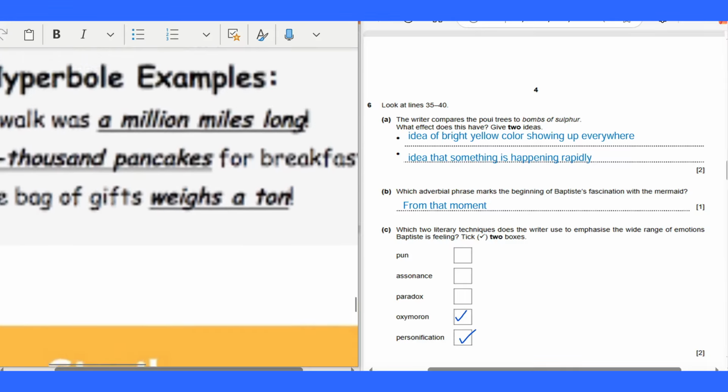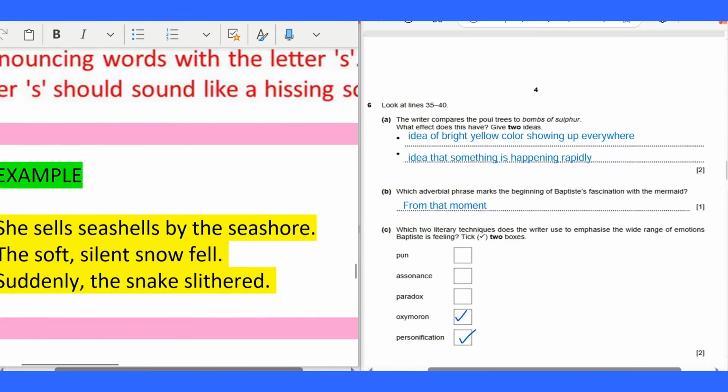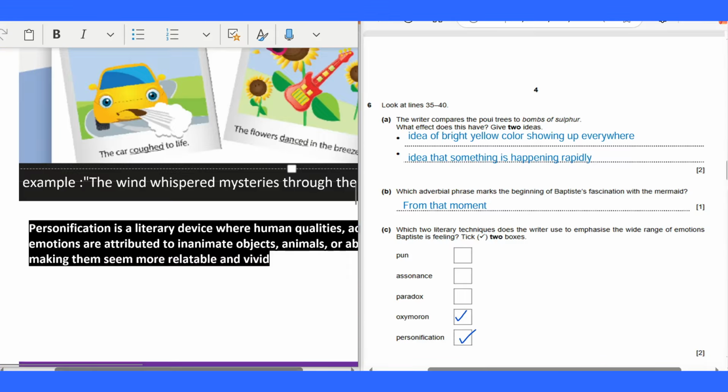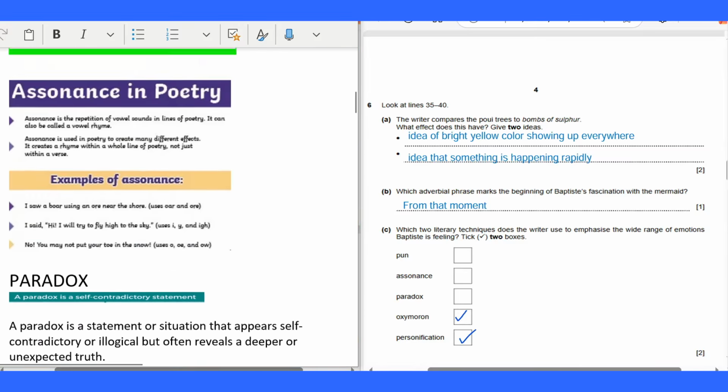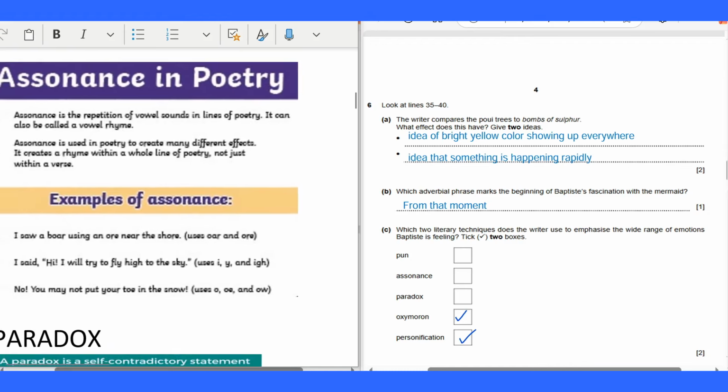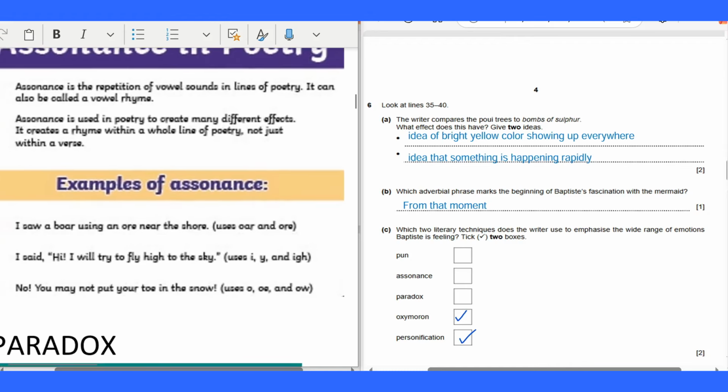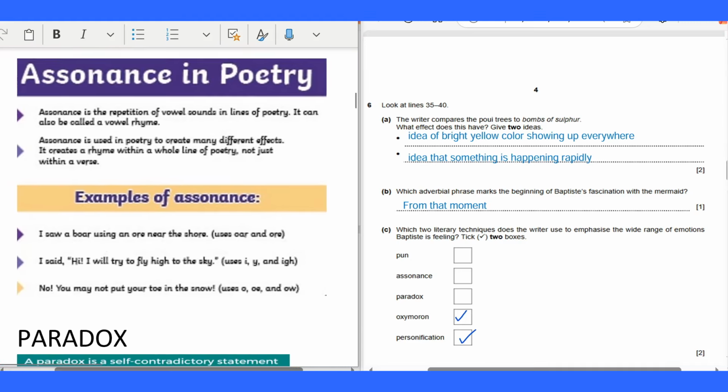So assonance is the rhyme in a vowel. We call that vowel rhyme. Alright, example: you may not put your toe in the snow. So rhyme of vowel O, O-E and O-W.